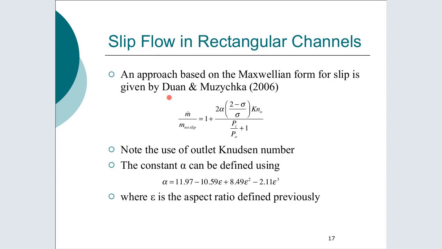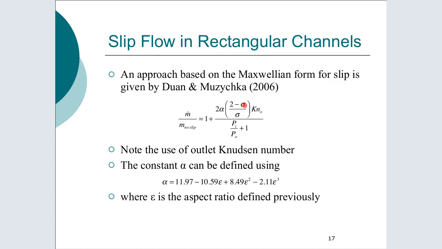And again, Duan and Muzychka in 2006 did a paper looking at this. Muzychka is the fellow who came up with that complicated general correlation that we looked at: friction factor times Reynolds number over the square root of the cross-section area. So again, the actual mass flow rate compared to the no slip condition, the continuum approach, is given by this.